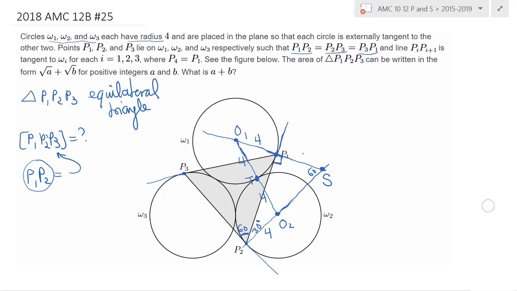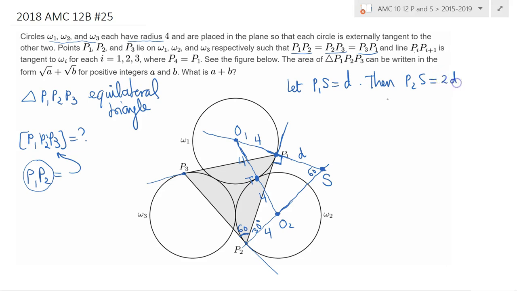So if you call this distance P1S as D, let P1S be equal to D, and in that case, we can easily find that P2S, which is the hypotenuse of that triangle, would just be double that, so it would be 2D.